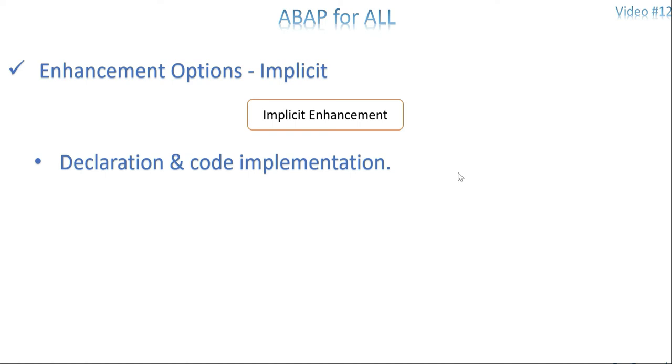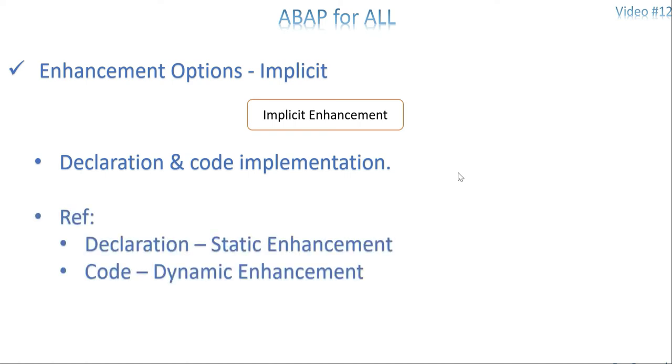That needs another video. For the time being, just remember the technical terminology. Declaration is nothing but static enhancement, and code is nothing but dynamic enhancement. The switch concept, we are going to use it. At the implementation level, you are not able to figure out any difference between these two.